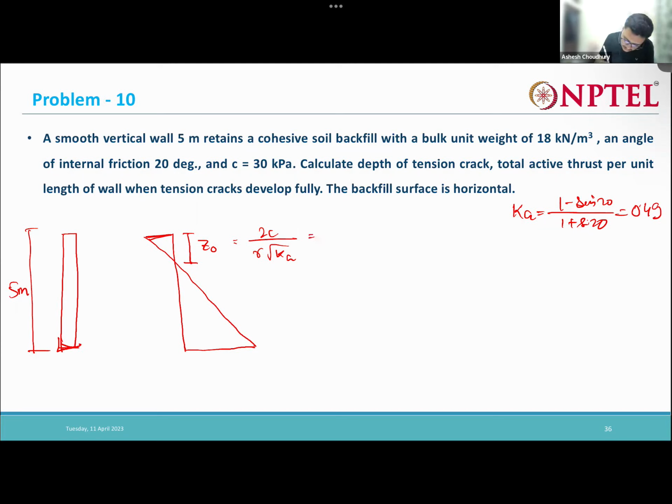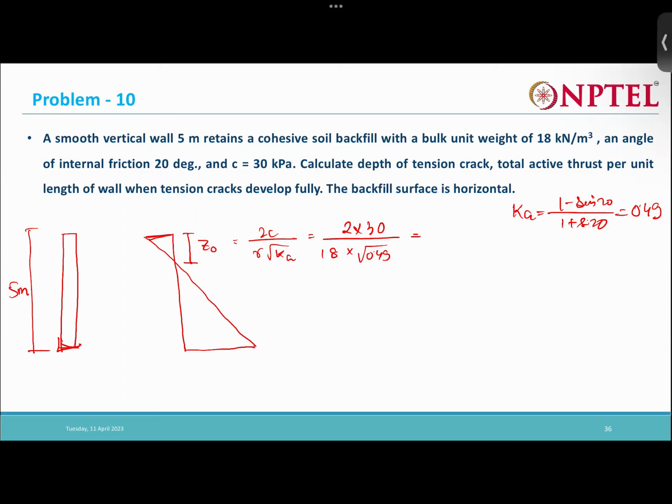So Z naught is 2 into 30 by 18 into root over 0.49, which is 60 divided by 18 into 0.7, that is 4.76.